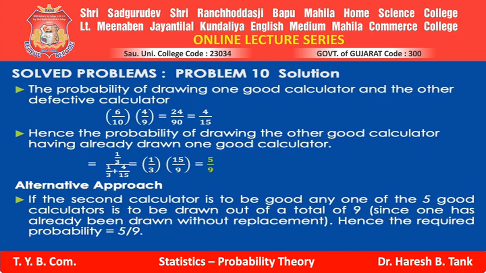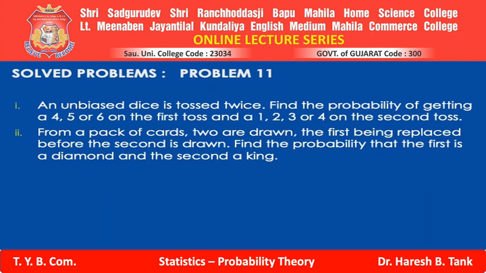Next example. An unbiased dice is tossed twice. Find the probability of getting a 4, 5 or 6 on the first toss and a 1, 2, 3 or 4 on the second toss. Fine enough. Very good example. Second one is from a pack of cards.